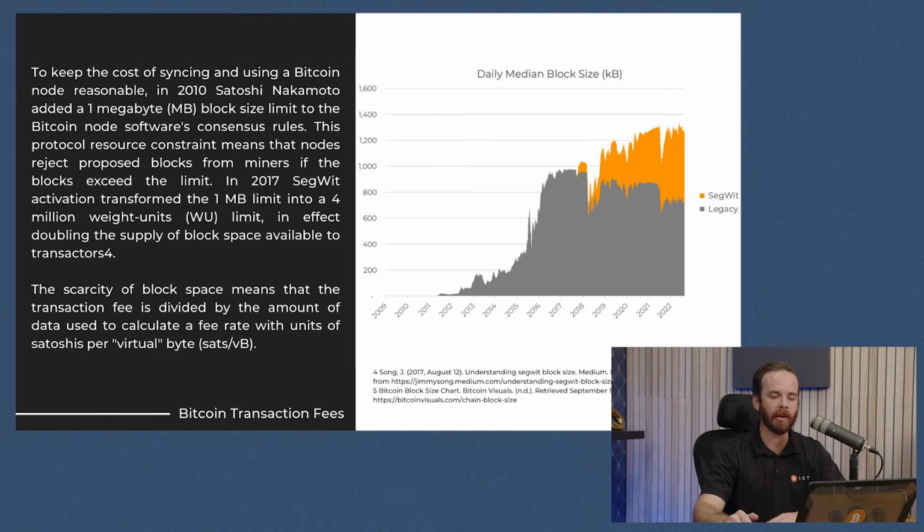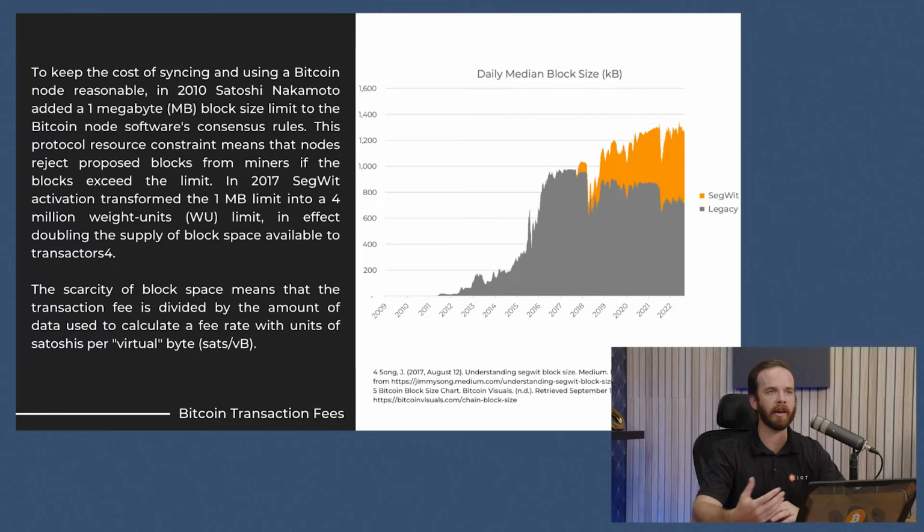But if we look at the block size limit, this is something that Satoshi put into the Bitcoin software in 2010, right before he was leaving the project. He really wanted to find ways to make Bitcoin more resilient and harden it against possible attacks. One of the attacks that is possible without a block size limit is essentially a denial of service attack, where you would create a very large block.